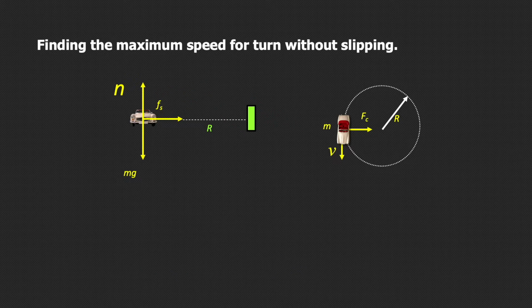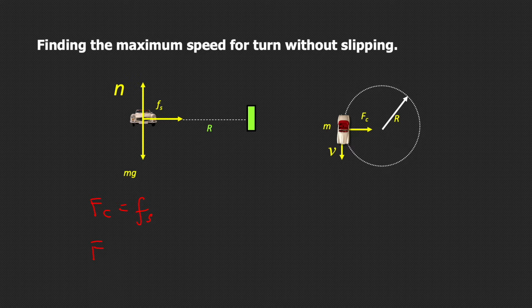Now, in problems involving objects moving in circular motion, if we want to calculate the maximum speed for the turn without slipping, we have to note that if the object is on the verge of slipping, F_c is equal to the static friction force, which is F_s.